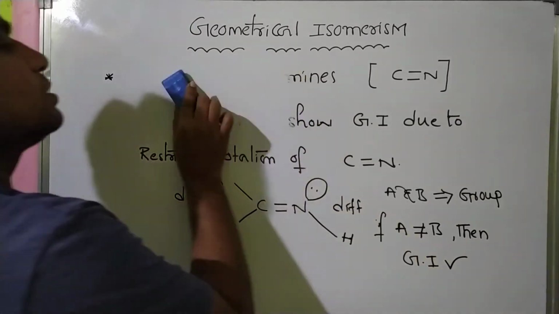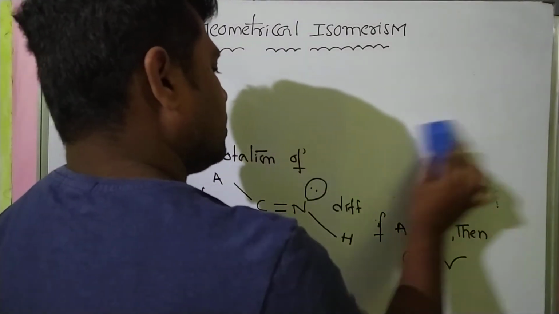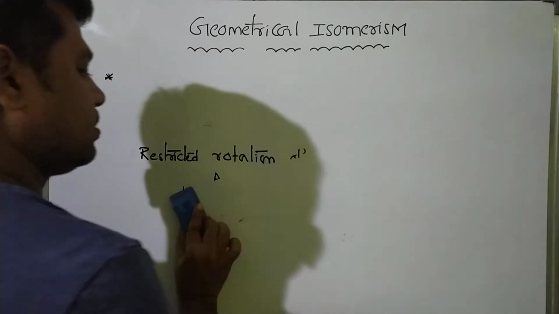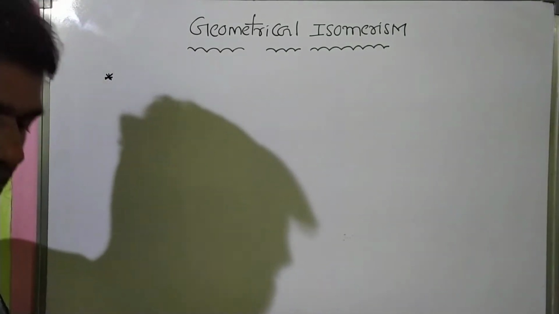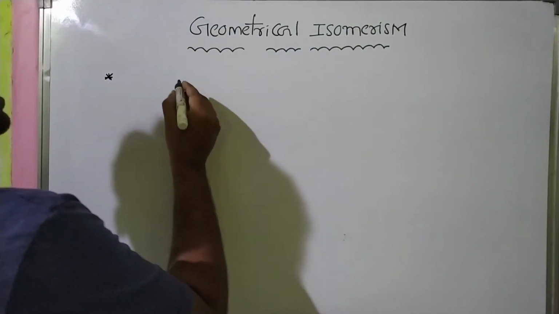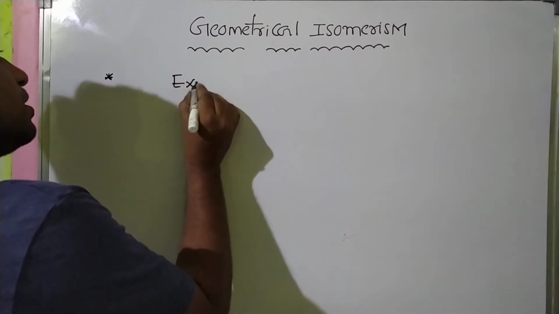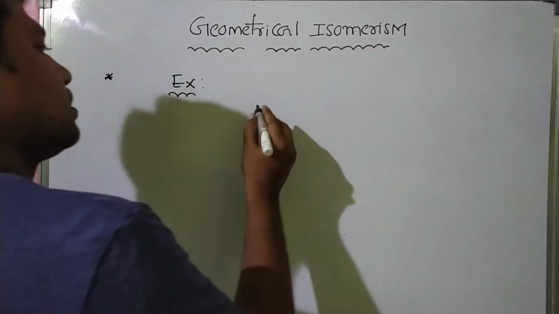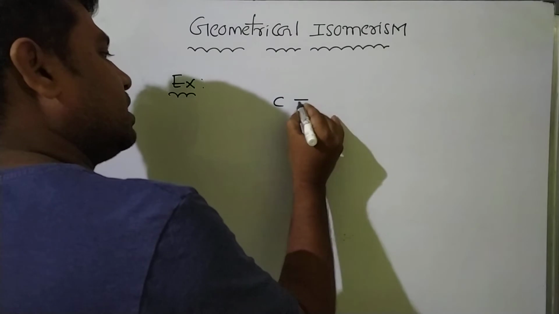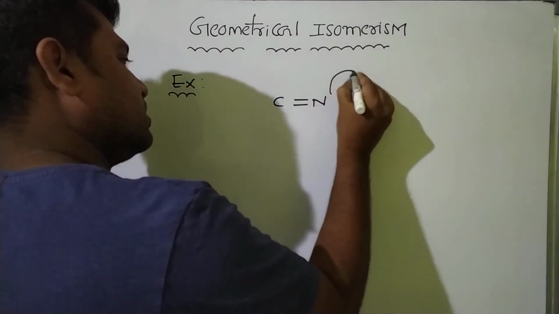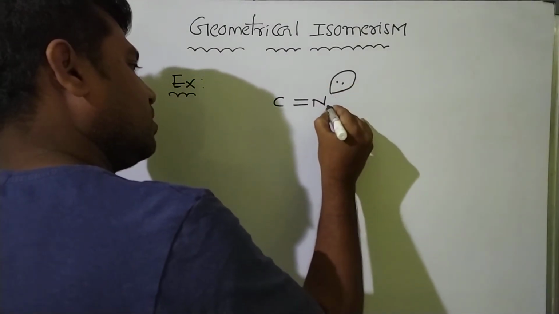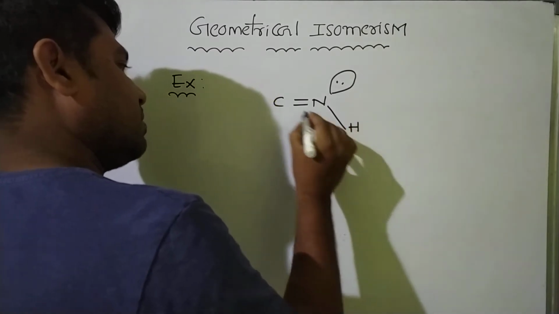Okay, some examples. Some examples are C double bond N. So this is the lone pair. So this is the hydrogen atom.